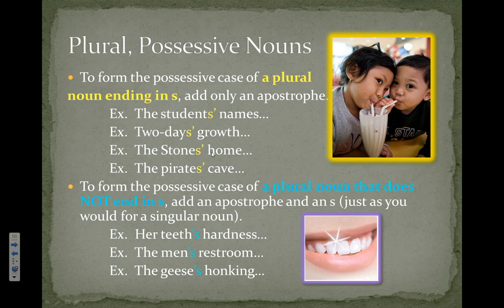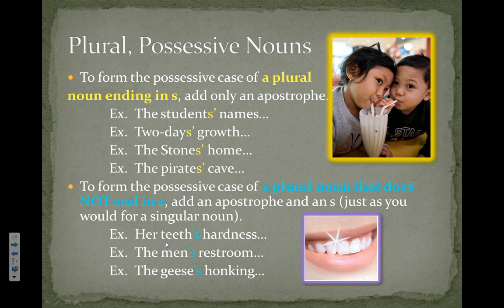Very easy. Now, if you're forming the possessive case of a plural noun that does not end in S, think back to our previous lesson on making nouns plural, part 2. Remember, some nouns are the same for both singular and plural. Teeth and geese are examples of those. And in fact, some plural nouns that are irregular change, but they don't end in an S. For example, women, men, children.